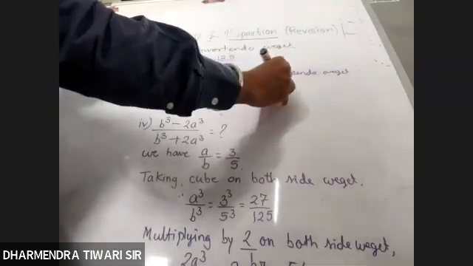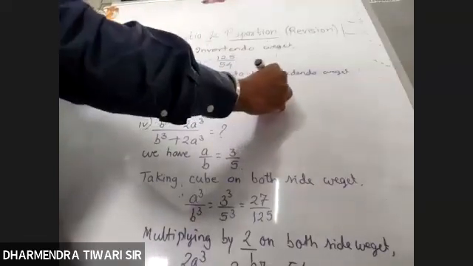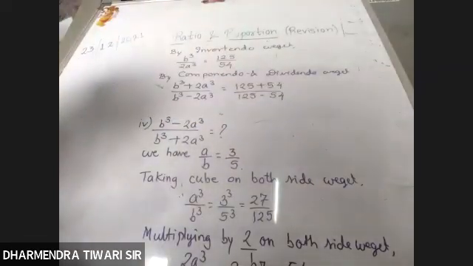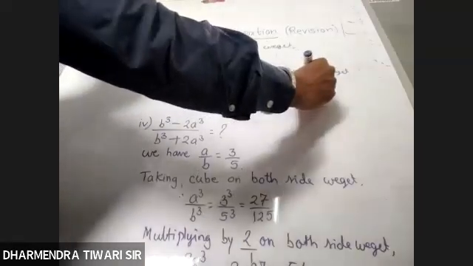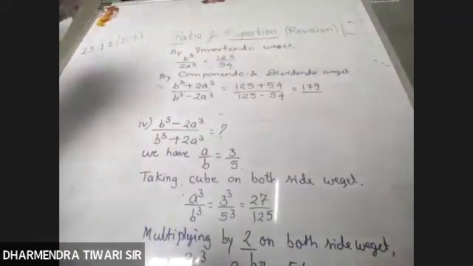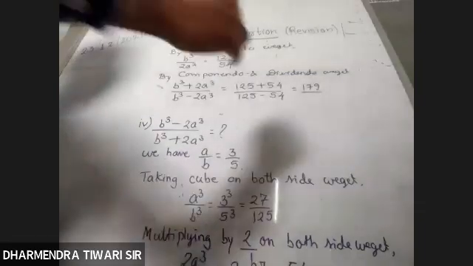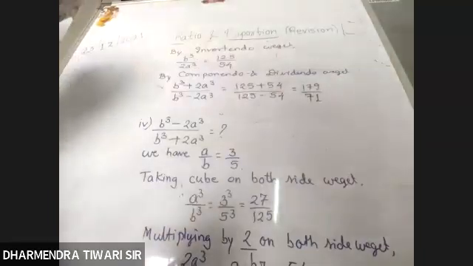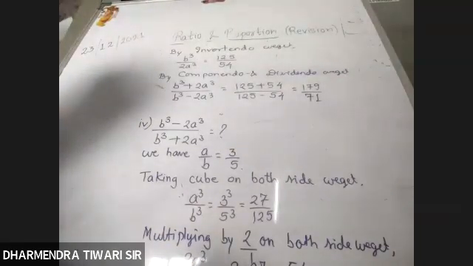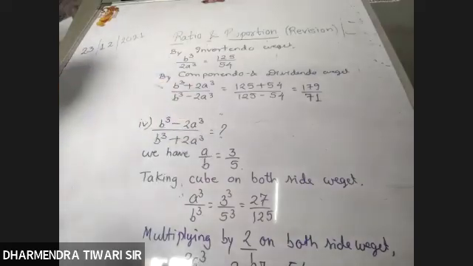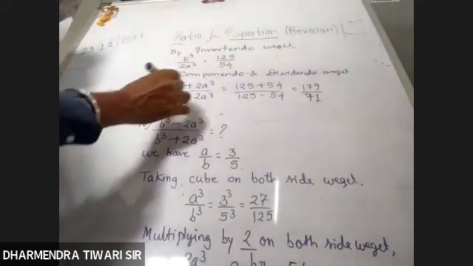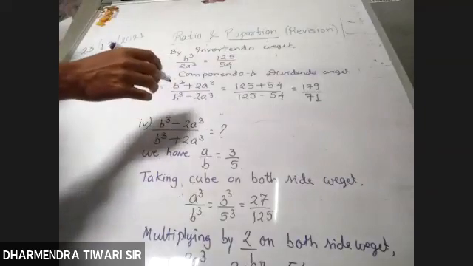125 plus 54 divided by 125 minus 54. So 125 plus 54, answer is 179. And 125 minus 54, answer is, please check, 71. 179 divided by 71. But still it is not finished yet, because the demand is of b cube minus 2a cube in the numerator. So we want the denominator in the numerator and the numerator in the denominator.